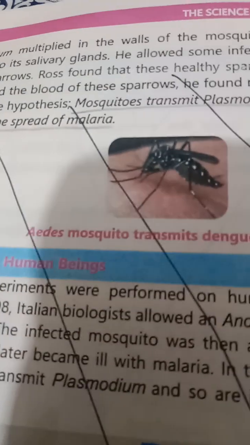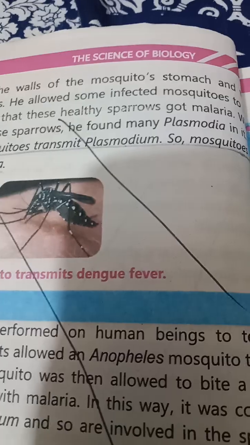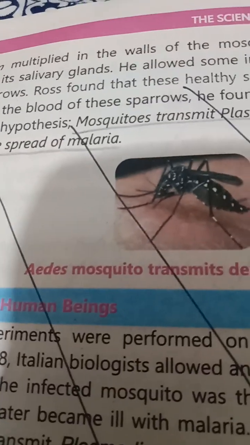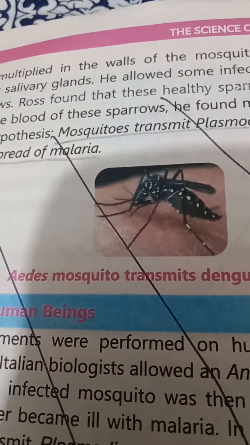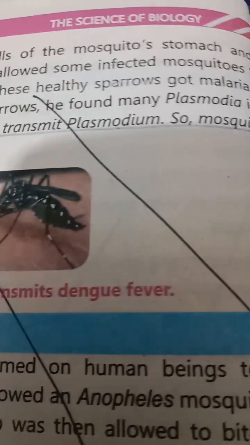He found that Plasmodium multiplied in the walls of the mosquito's stomach and then moved into its salivary glands. He allowed some infected mosquitoes to bite healthy sparrows.